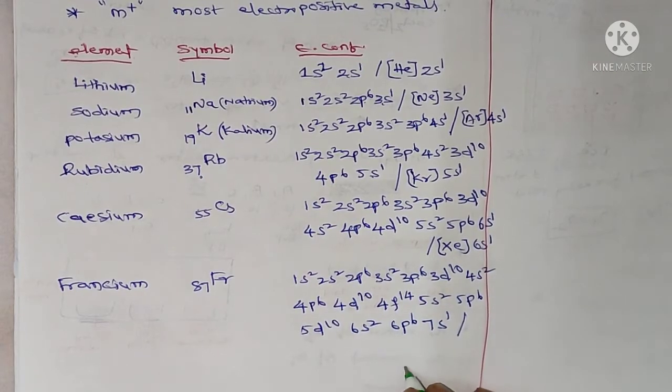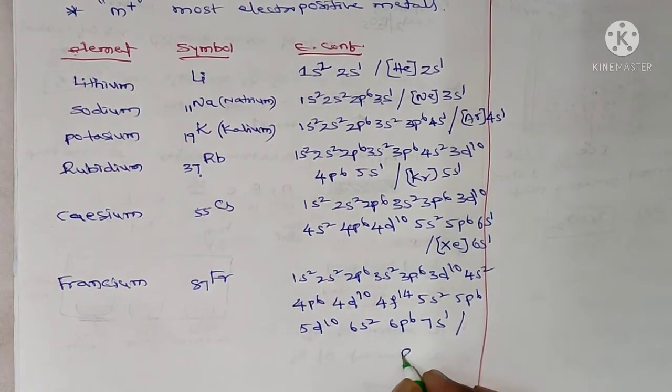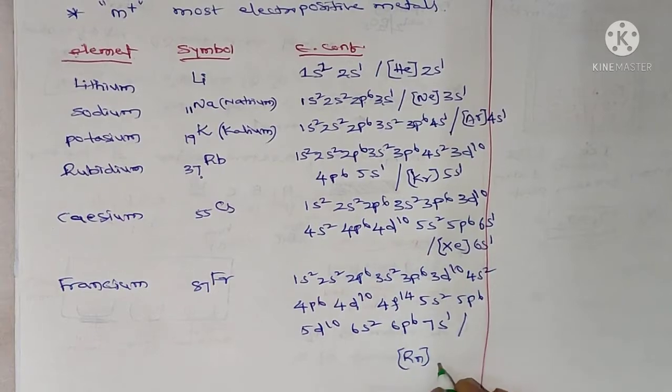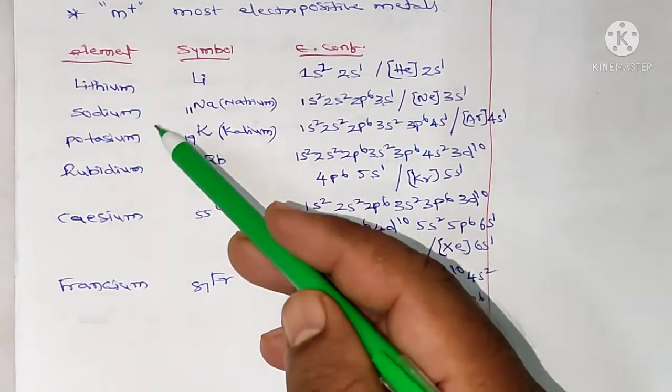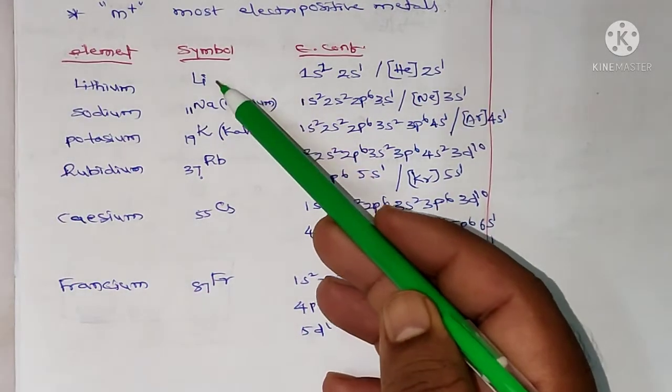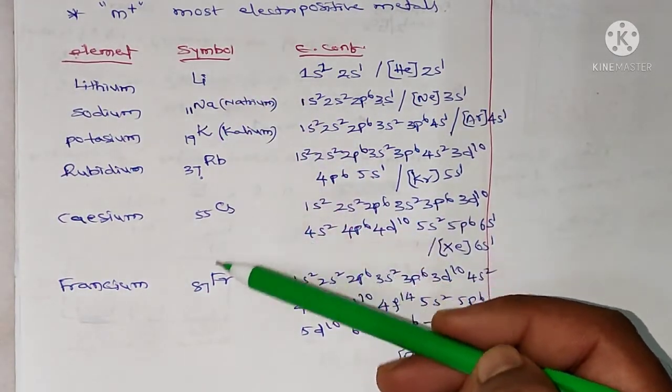Or we can write radon 7s1. So these are the first group elements: lithium, sodium, potassium, rubidium, cesium, francium.